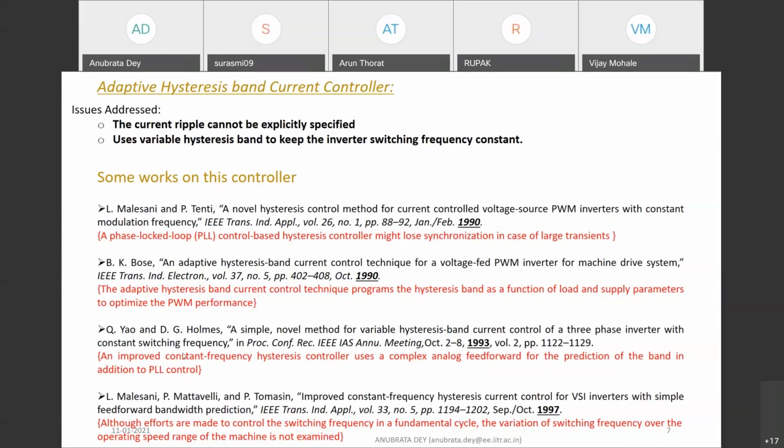Whereas in the third example, you can see they are also trying to do this in a unique manner, but that controller uses a very complex feed forward term.